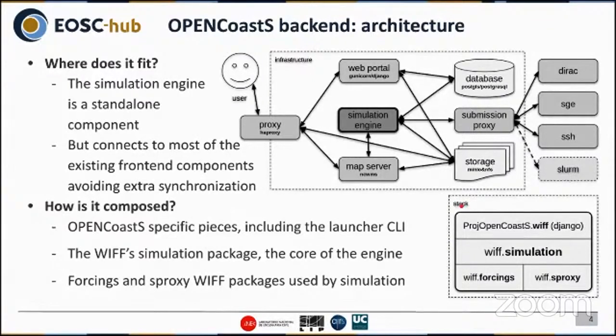Then, the middle layer has the generic machinery of the simulation engine used to implement the OpenCoast backend. And finally, the bottom layer includes some other WIF packages for specific tasks, like forcings, to fetch, as the name implies, forcings, and sproxy to offload the model execution to remote resources.